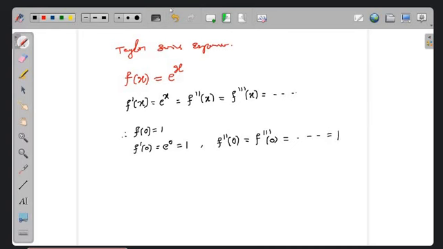Okay, so now let us write the formula for the Taylor series expansion. What is the formula? So the Taylor series expansion, f of x equals, so what will it be, sir?